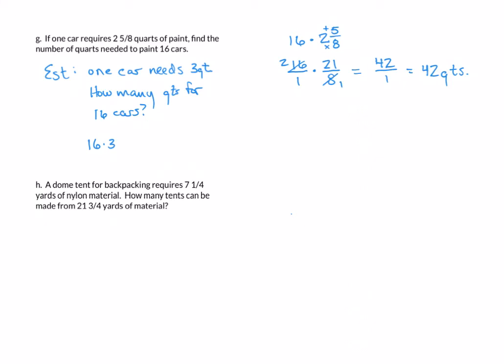All right, let's look at example H. It says a dome tent for backpacking requires 7 1/4 yards of nylon material. How many tents can be made from 21 3/4 yards of material?